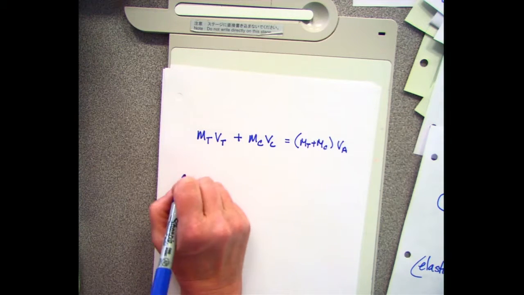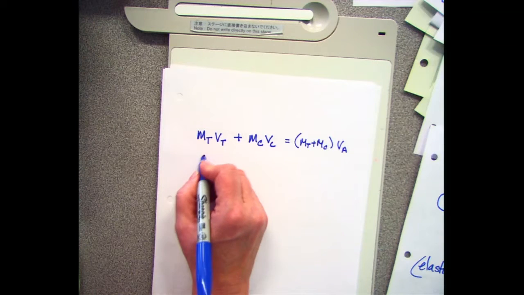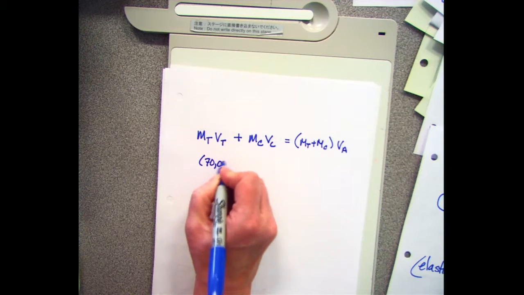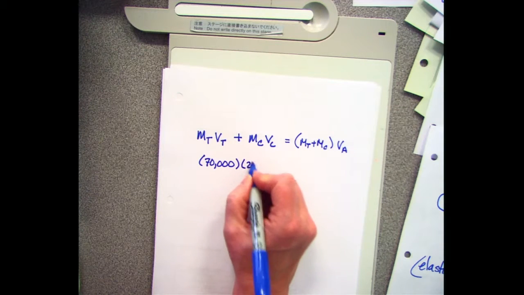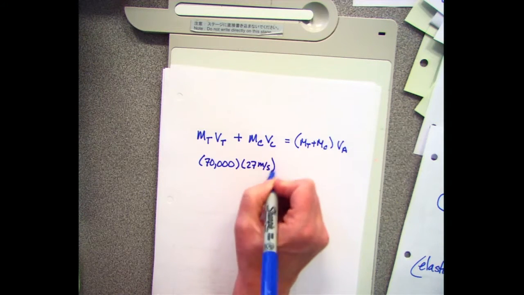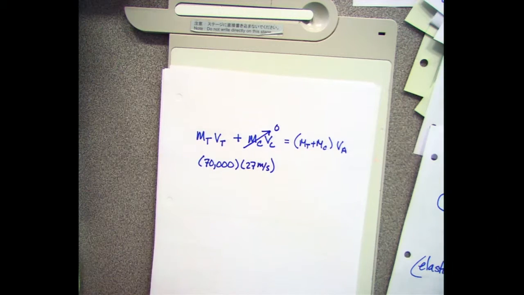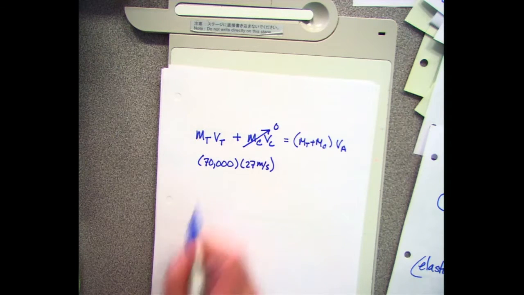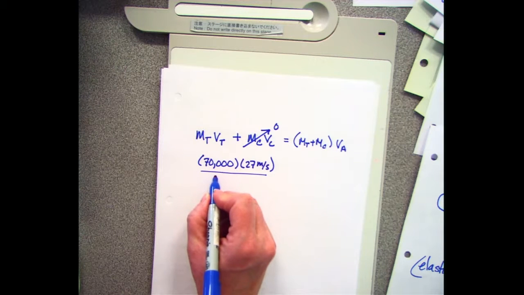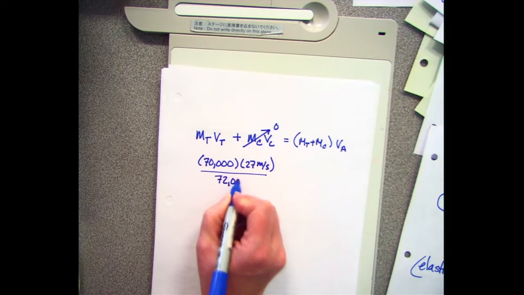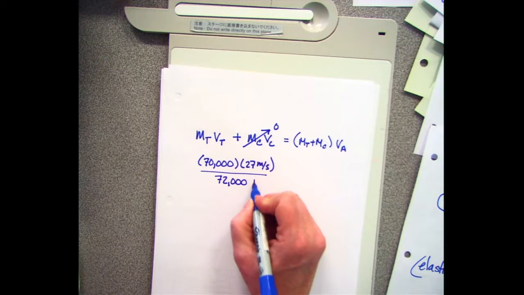So now if I plug in numbers here, I get 70,000. Velocity is 27 meters per second. That term is 0 because the car is just sitting there. Divided by the combined mass, which is going to be 72,000 kilograms.